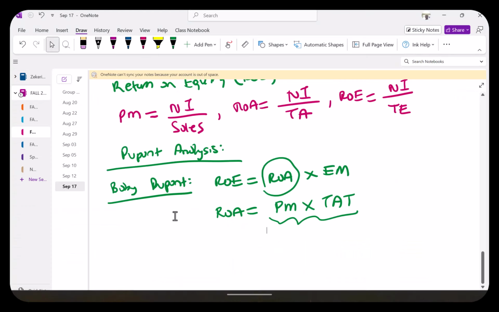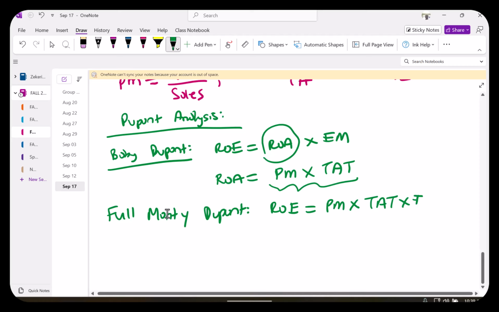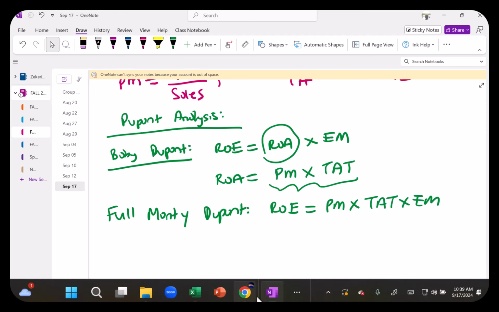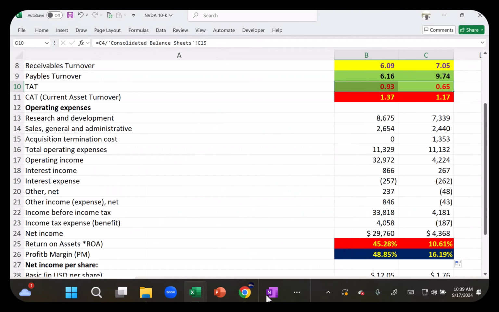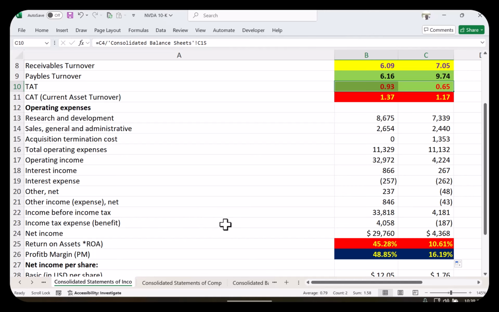Now, the full version of DuPont, full Monty DuPont, it's ROE equals PM times TAT times EM. Let's calculate ROE for NVIDIA. I'm not going to do it directly.